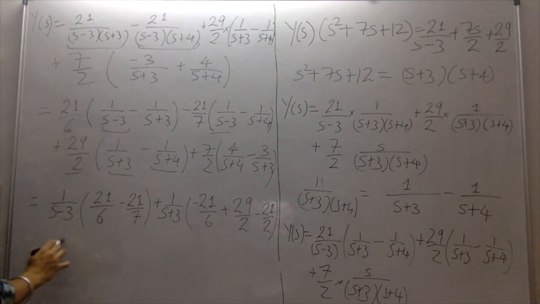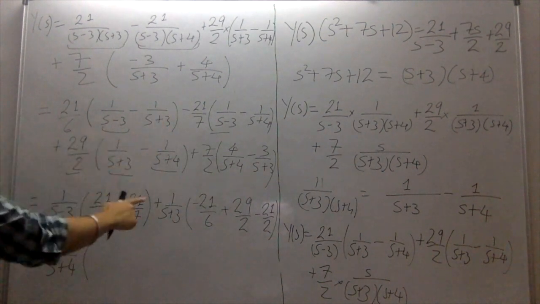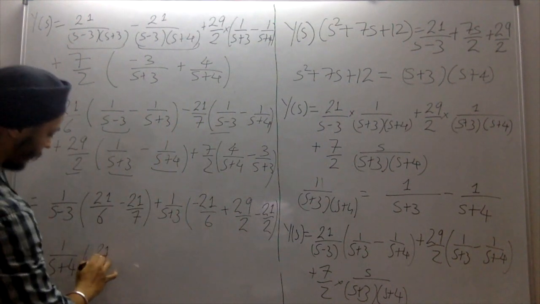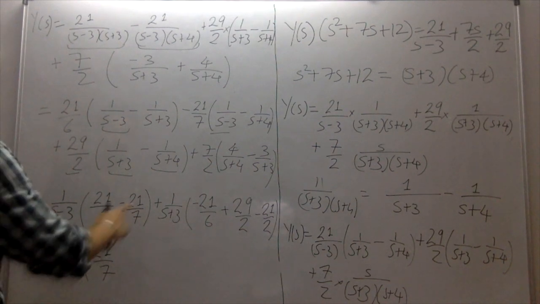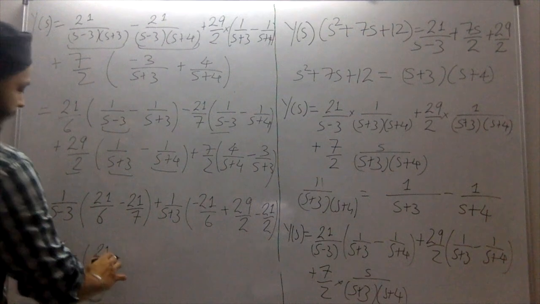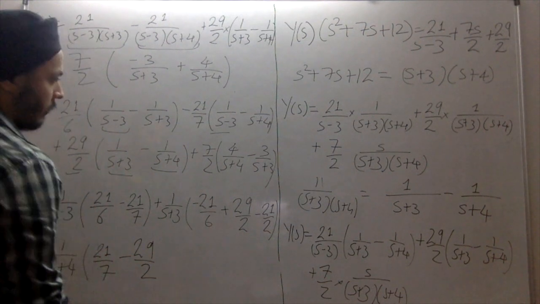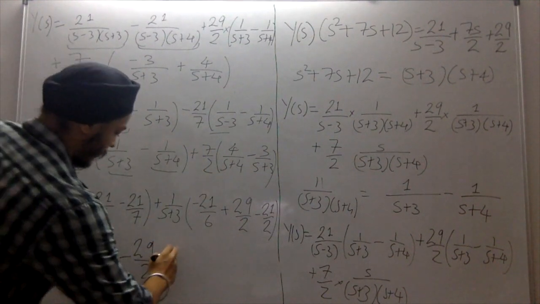The last is 1 by s plus 4. For 1 by s plus 4 we have this minus minus will get cancelled, so 21 by 7 is positive. Let me add a plus sign here. Minus 29 by 2 and plus 28 by 2.